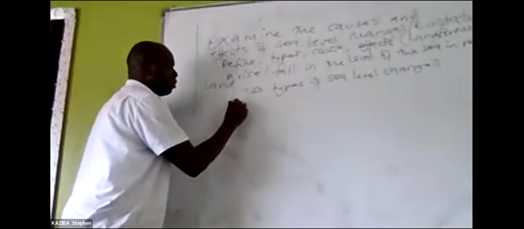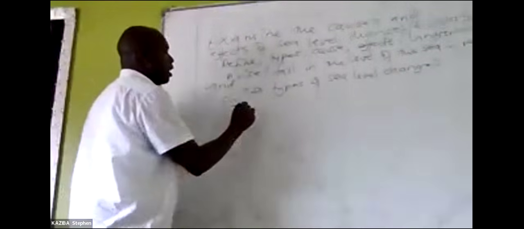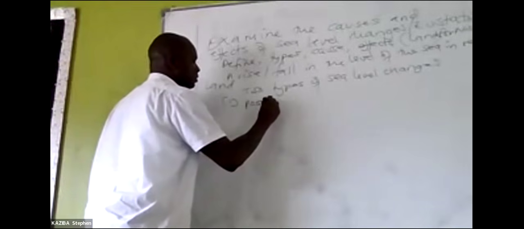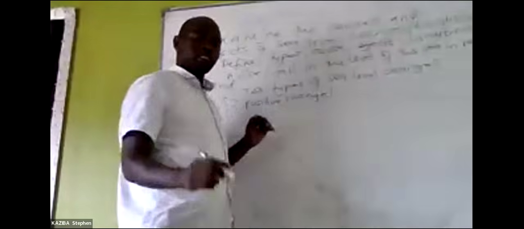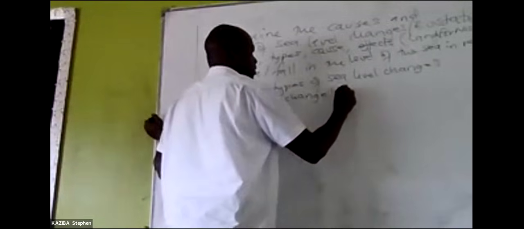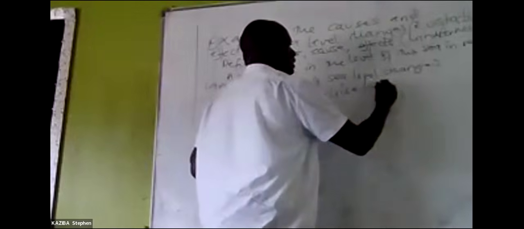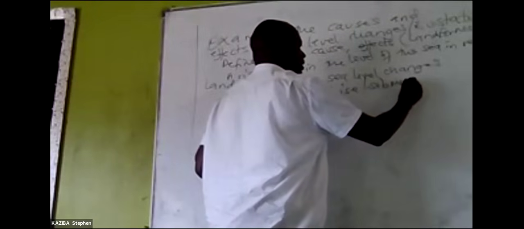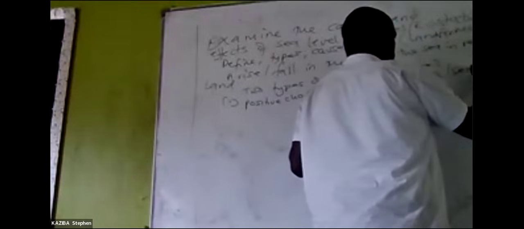We have what we call a positive change. A positive change is the same as a rise. It is also referred to as submergence. It is also referred to as sea transgression.